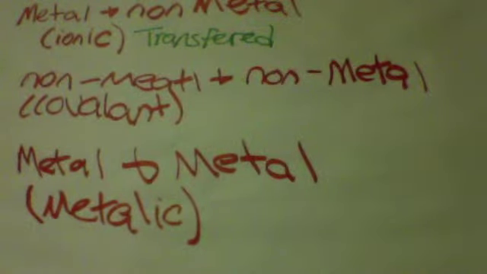It's different for covalent. When judging what type of bond an element will form, for covalent, you have 2 nonmetals. They normally create molecules, and they're shared.